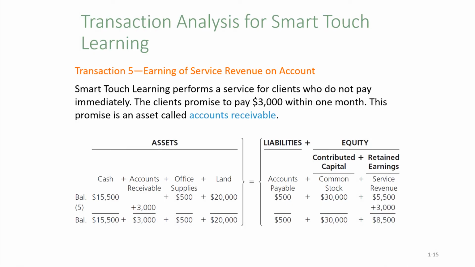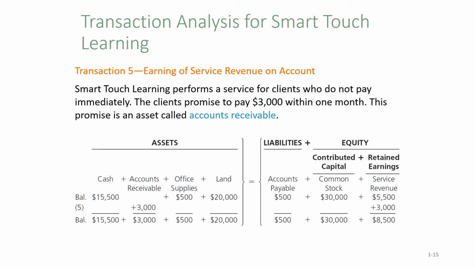Our fifth transaction relates to earning of service revenue, now on account. When we see that on account term and we think about who owes the money, it's our customer who owes the money. We as Smart Touch Learning have performed a service for our customers who do not pay immediately. So it's our customers or those clients who have to pay the $3,000 within 1 month.